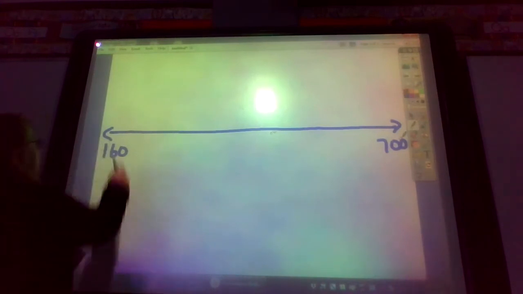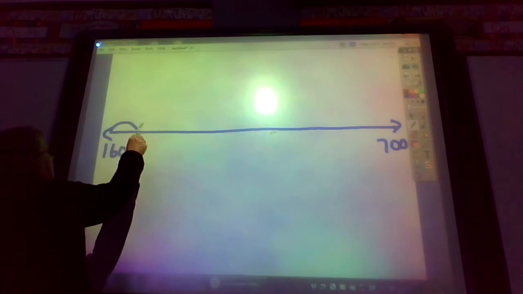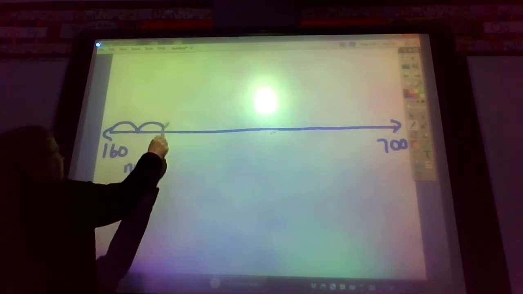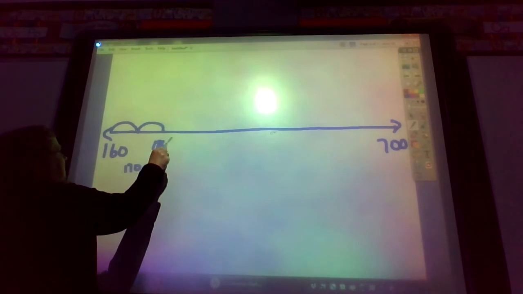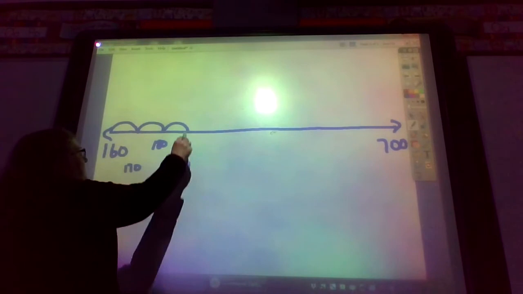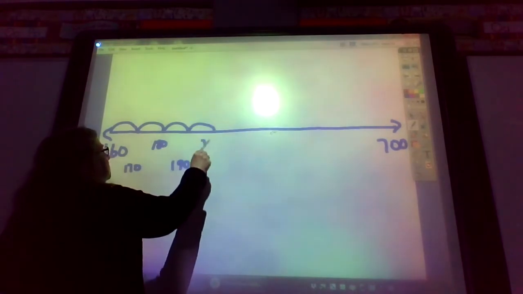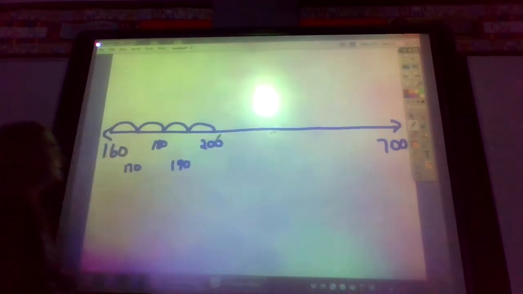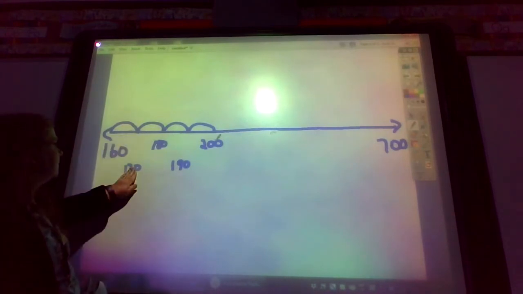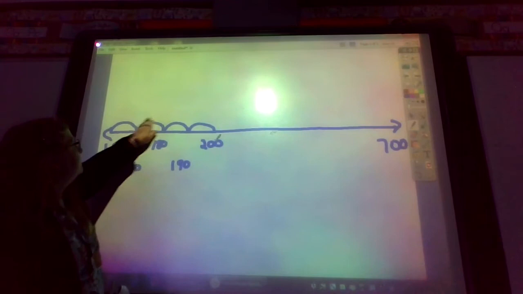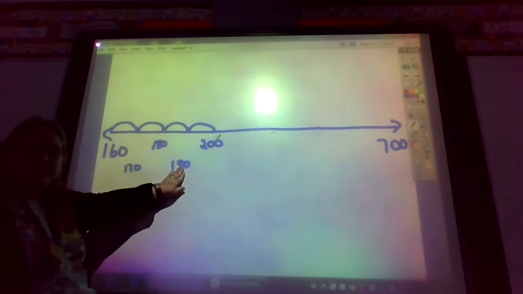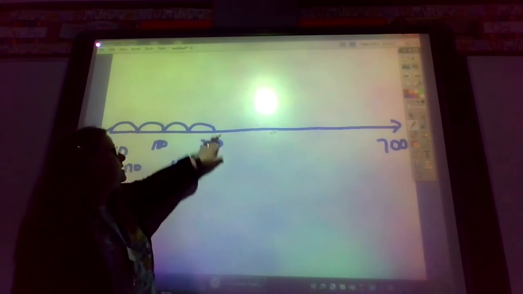Okay? So, 160, that would take me to 170, to 180, to 190, to 200. Hey, those are my 10 hops. 160 to 170, 170 to 180, 180 to 190, 190 to 200.